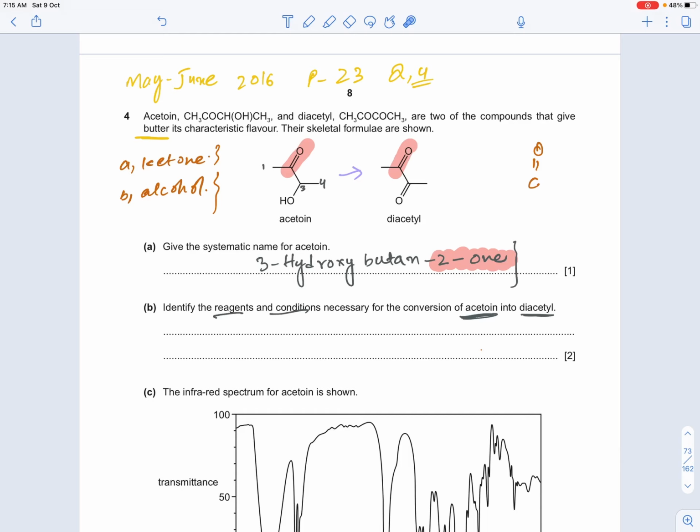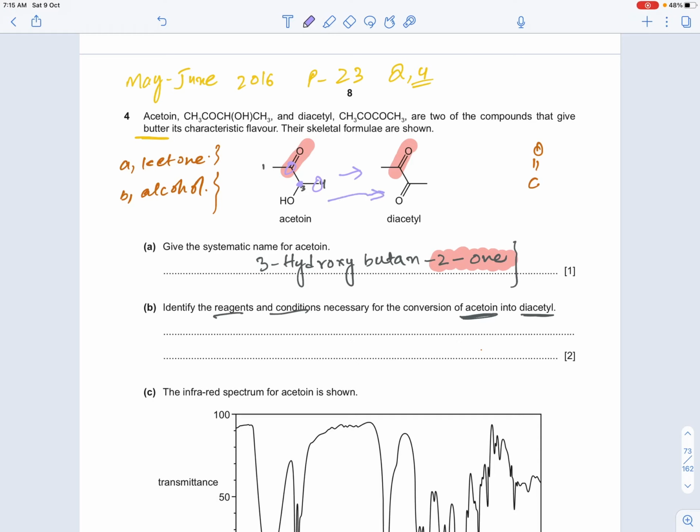When we convert an alcohol, which alcohol converts into ketone? Secondary alcohol. So this is a secondary alcohol because the carbon which is attached directly to the OH group is attached to 2 carbon atoms, 1 and 2. So that means this is a secondary alcohol. So whenever a secondary alcohol oxidizes, it converts into ketone.